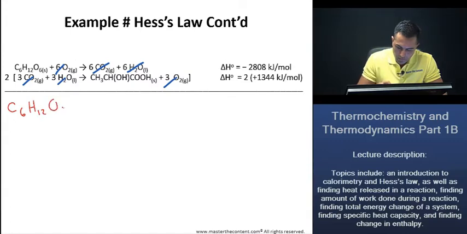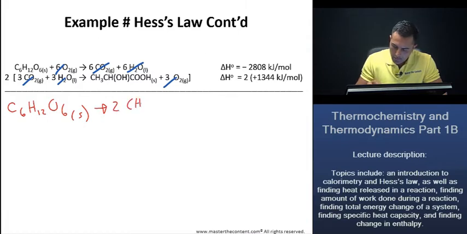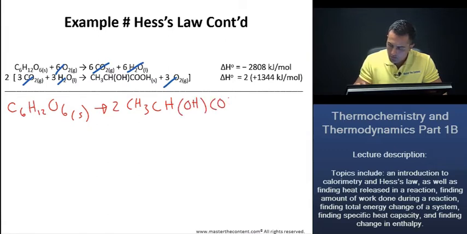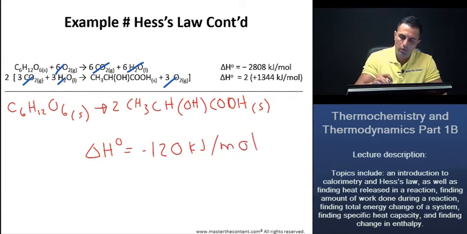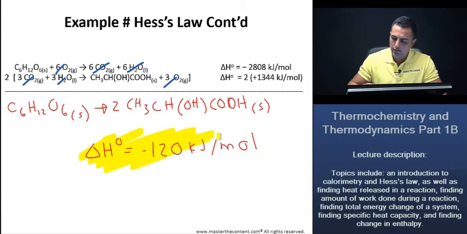Furthermore, we also have our lactic acid here as well. And once we just finish writing this here, COOH, solid, and the standard enthalpy change, I'll just write it down here because we are a little limited for room, is going to be negative 120 kilojoules per mole. And there we are. That's our answer there.